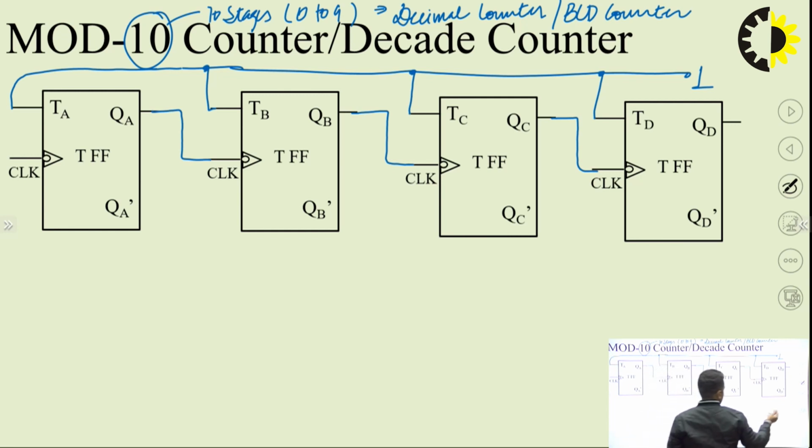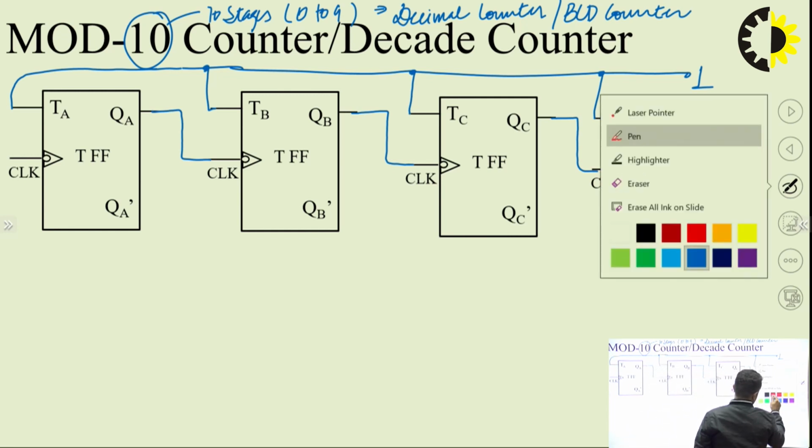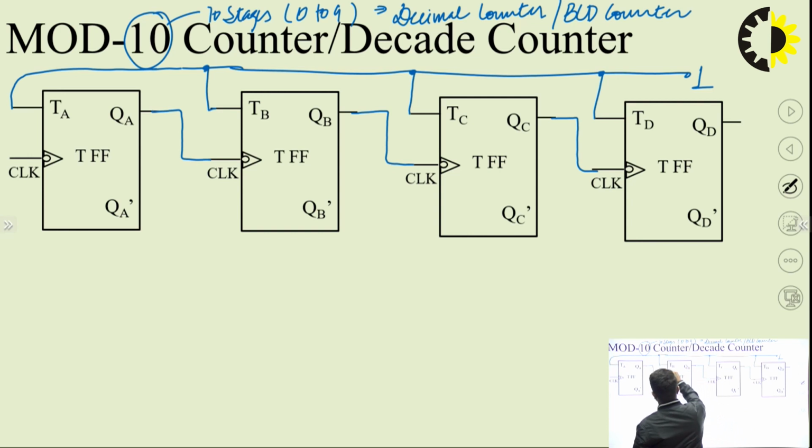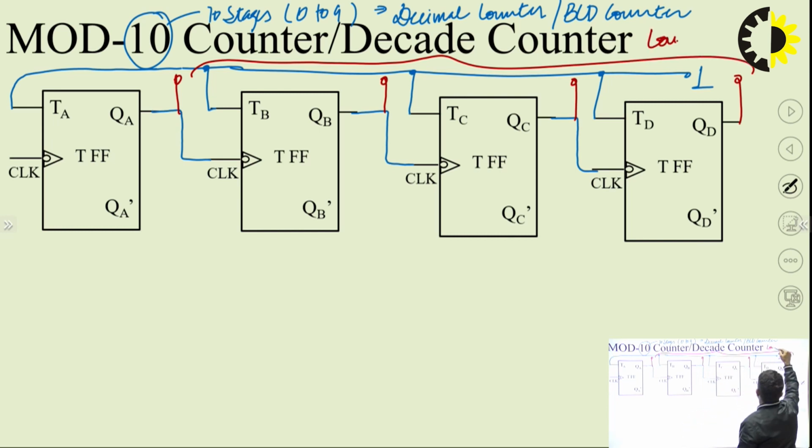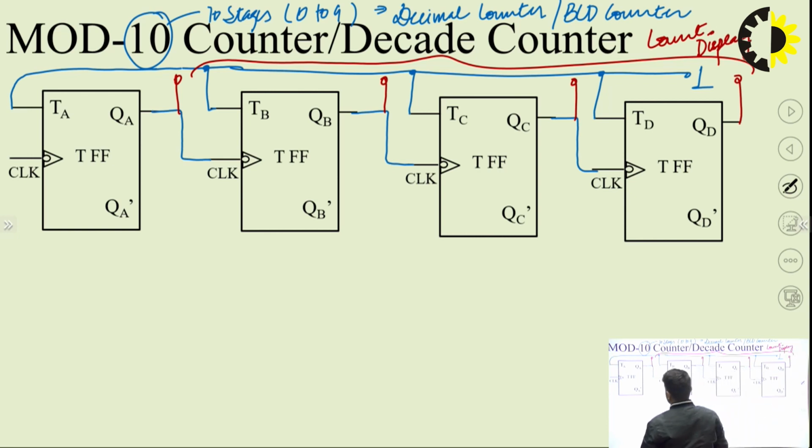And you have to display the output as well. On the lower side, I will be making the connections. So I am taking these display outputs on the upper side. So on these terminals, I can get my count displayed. The count of the counter will be displayed on these 4 terminals.